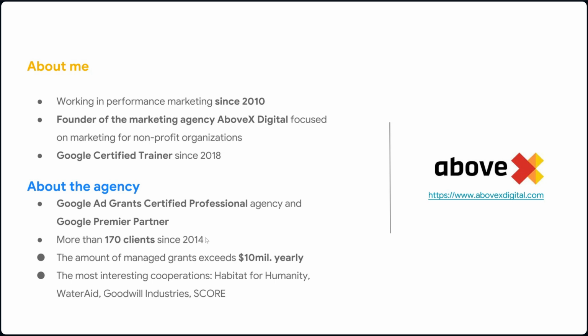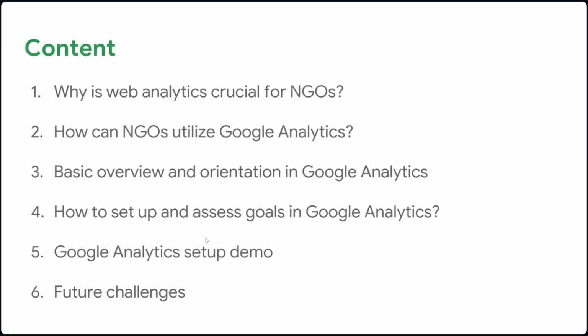The amount of grant that we manage per year exceeds $10 million. We will be happy to answer any of your questions or help you with your Google AdGrants campaigns as well. But the goal of this presentation is not to do any hard sell or anything like that. The goal really is to educate you on Google Analytics 4.